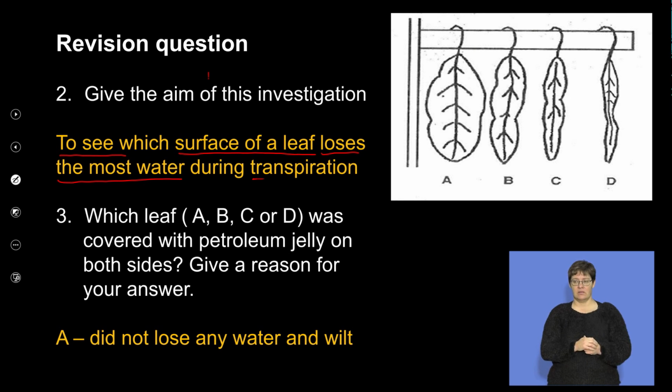And the independent variable is transpiration. Then, looking at number 3, which leaf had petroleum jelly on both sides? And if you look at the pictures, it would be the leaf that has not lost any water. So it would obviously be leaf A. And the reason for your answer is leaf A has not lost any water.